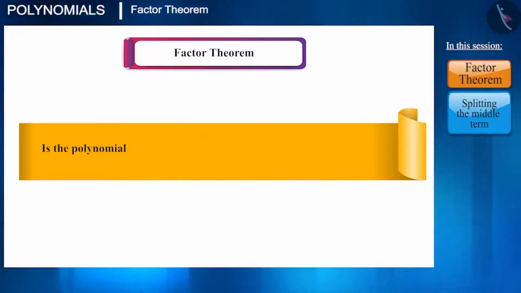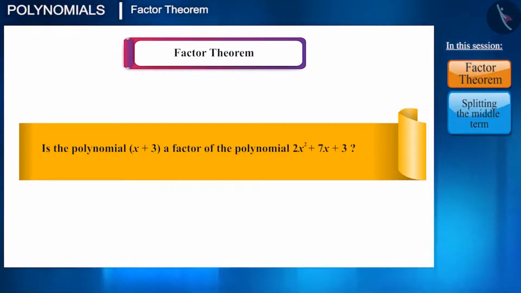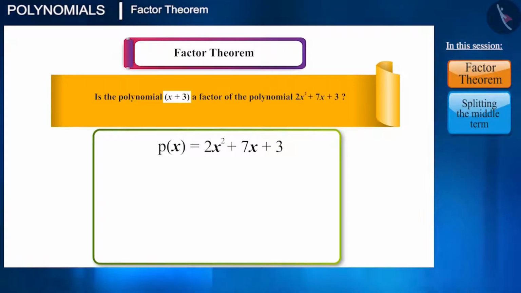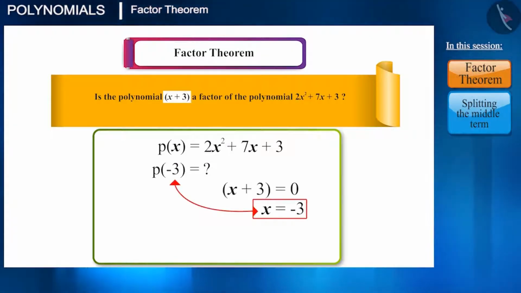Check whether x plus 3 is a factor of the polynomial 2x squared plus 7x plus 3 or not. According to the factor theorem, if x plus 3 is a factor of the polynomial 2x squared plus 7x plus 3, then p of minus 3 should be 0, where minus 3 is obtained by equating x plus 3 to 0.